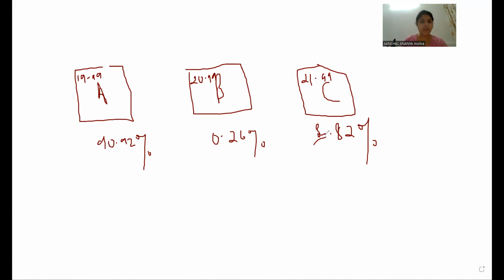Where? For the last one, C. Where? There is no 6.